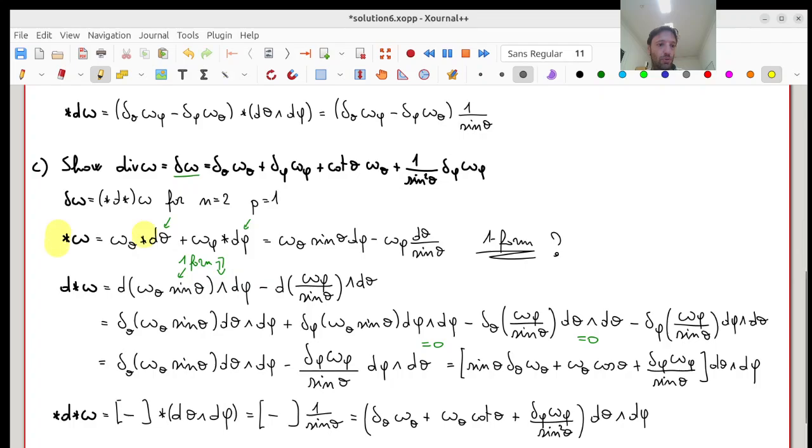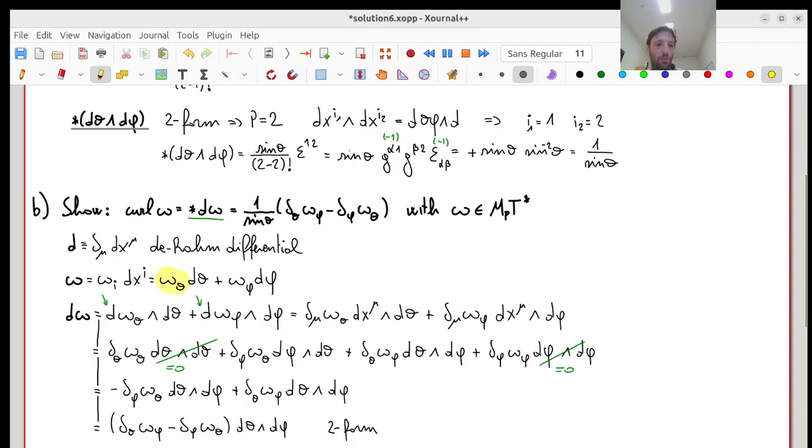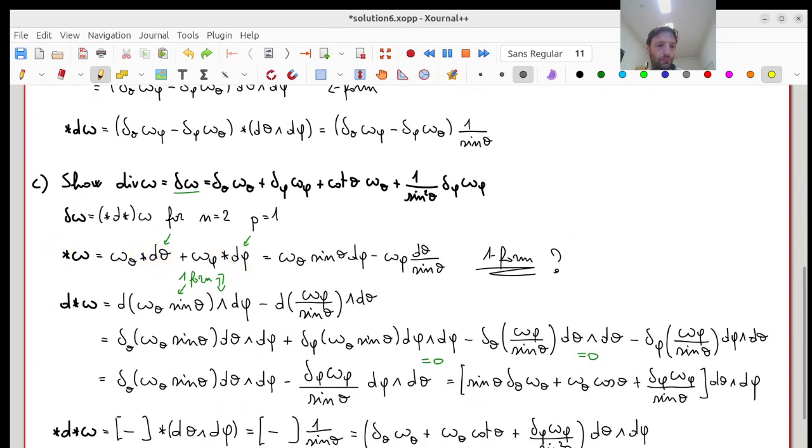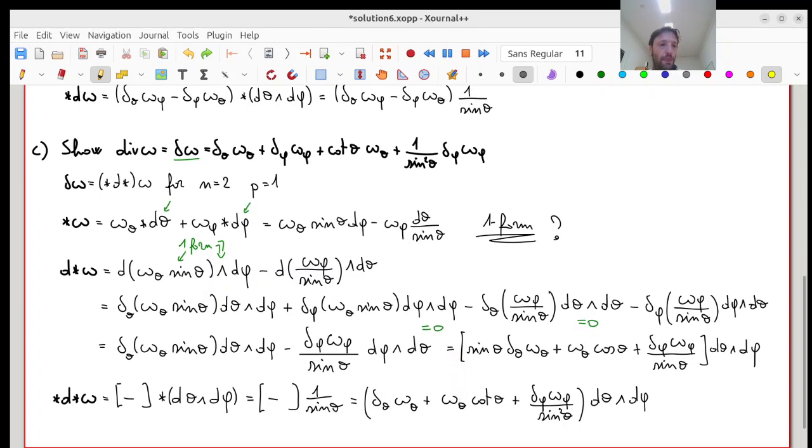Therefore, our star is going to work here and here, for one component and the other component of our one form. Then we use the results from our previous steps, because we already applied the Hodge operator to the theta, we already applied it to the phi, and we just plug it in. And that's the final result, okay?